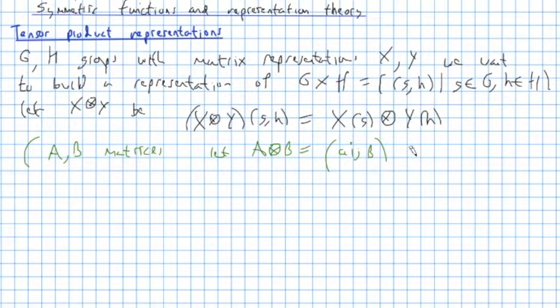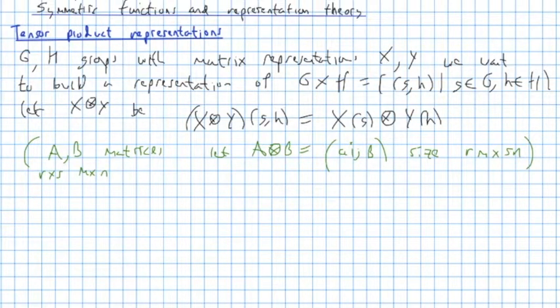So if A is of size R times S and B is of size M times N, then this is going to be of size R times M by S times N. So recall the tensor product of matrices. And we have to check that this is indeed a representation.